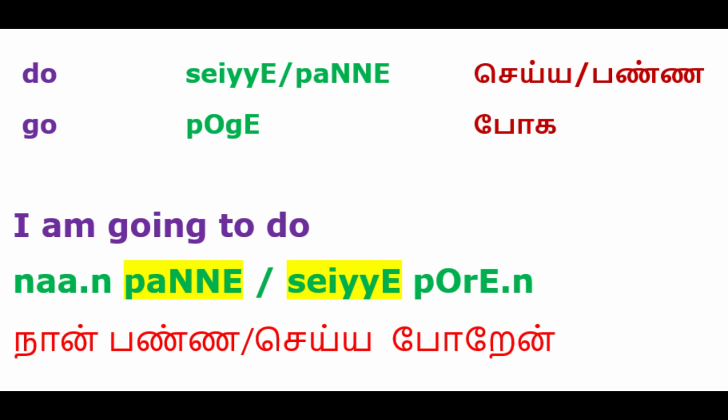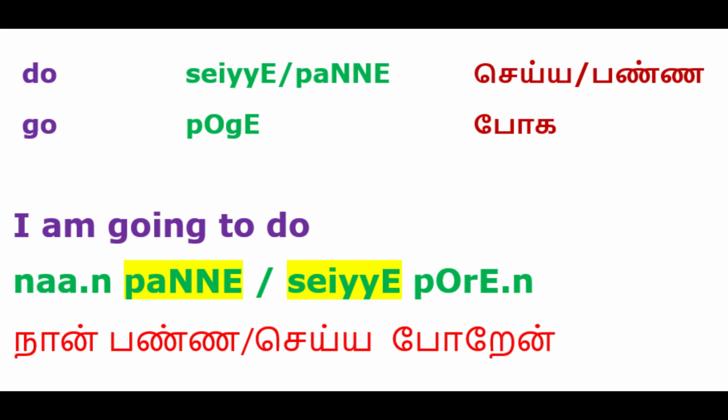The first one is I'm going to do. We are taking the verbs do and go, and the infinitive form is செய்ய, பண்ண for do and போக for go. I'm going to do. நான் பண்ண போறேன். In this, பண்ண just remains the same, or செய்ய. போறேன் is going.